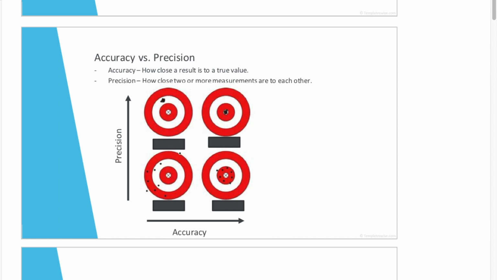So you can throw darts at a dartboard and be completely inaccurate, like on the bottom left, but if your darts end up being kind of close to one another, it's still precise. Or you could have both accuracy and precision if the darts are really close to one another and they're all kind of close to the center. But precision has to do with how close two pieces of data are to one another. It doesn't have to do with whether or not they're accurate.